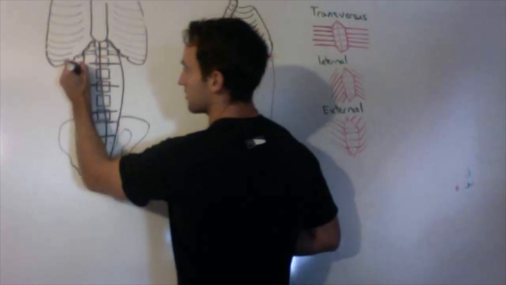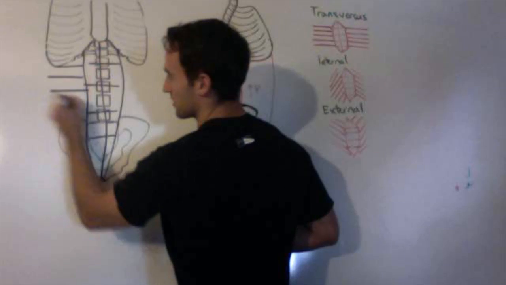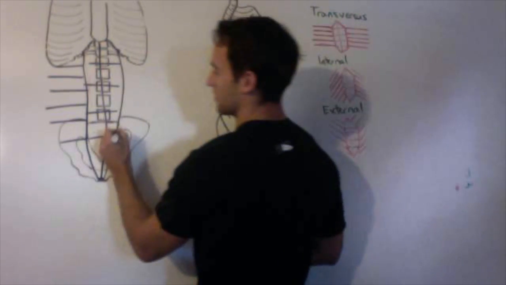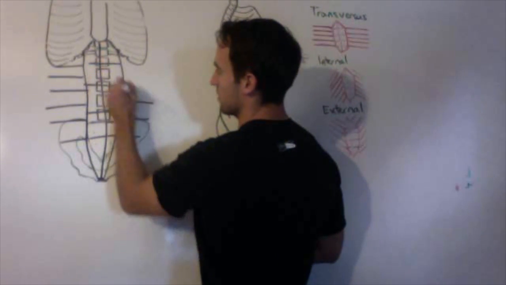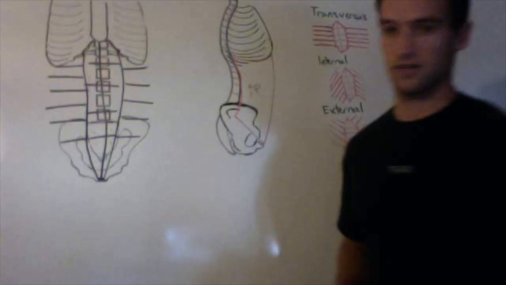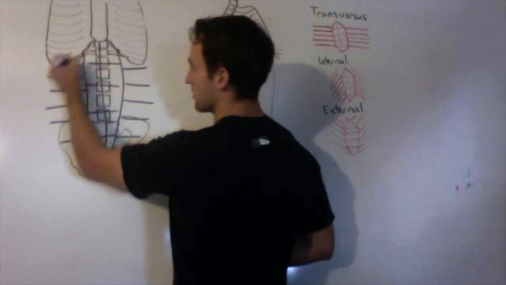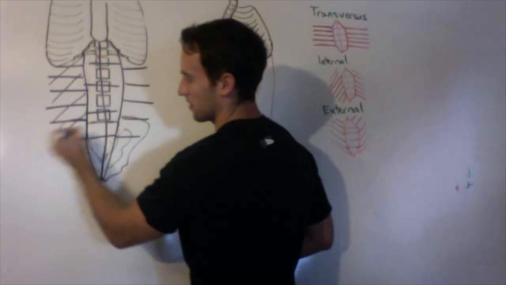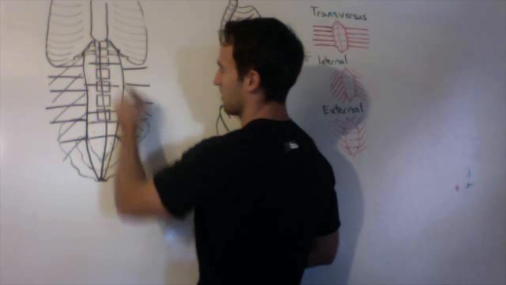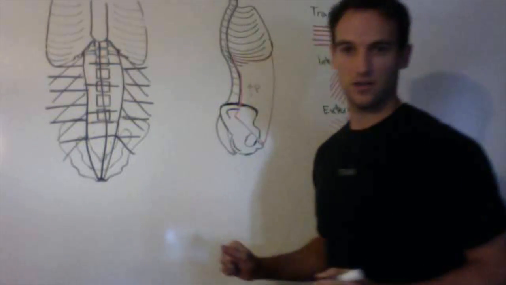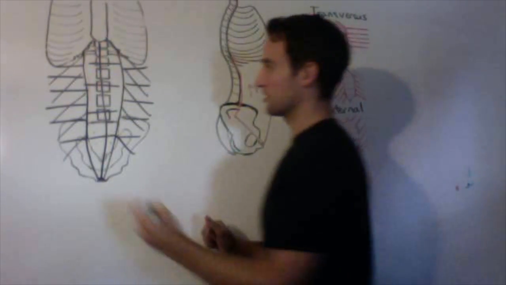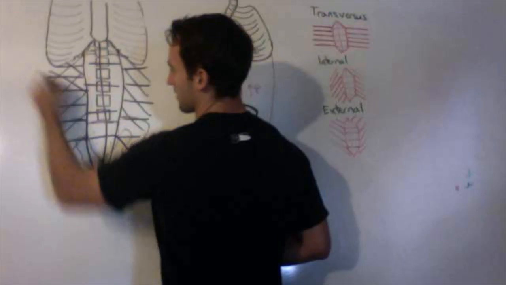We have transversus abdominis running out to the side. And then we have our internal obliques down and away. And then we have our external obliques up and away.